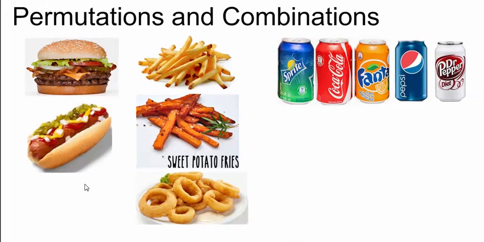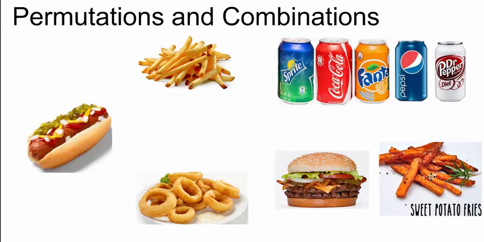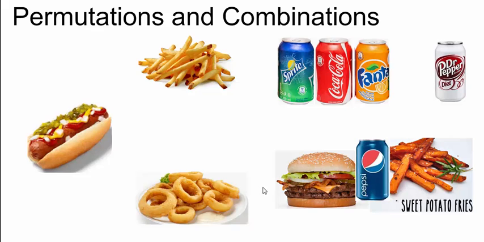Maybe a more practical example of permutations and combinations. If you just think about when you go into a restaurant of some sort and you're choosing to order something, here, we call it a combination. I'm going to have the burger combo, which means I'm going to have a burger, maybe some sweet potato fries, and a Pepsi.